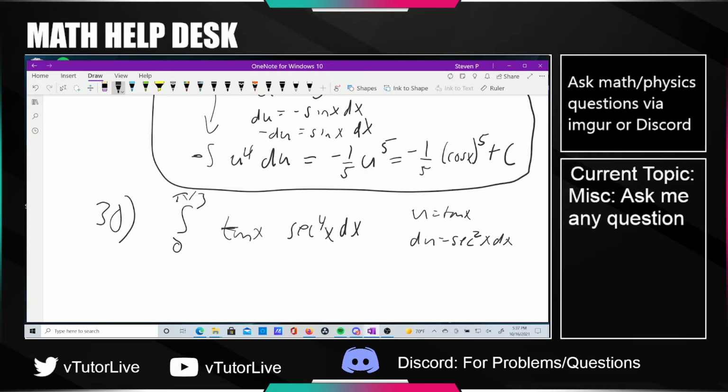But this wasn't working out so well, right? Because then you would plug this in and tan x is u, and du would be this part, but then you would have this extra secant squared of x lying around that you couldn't do anything with.